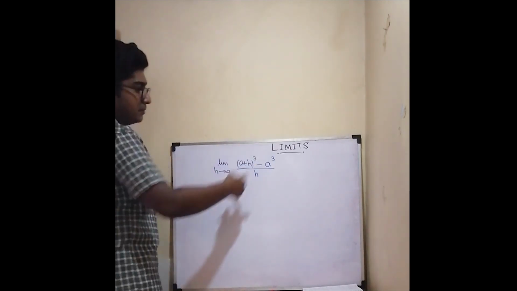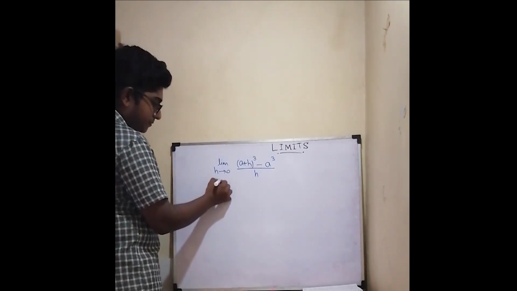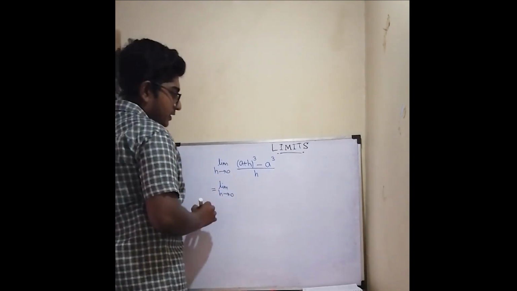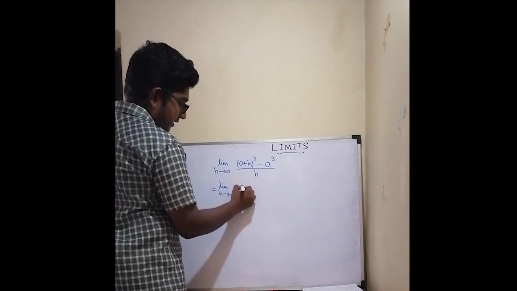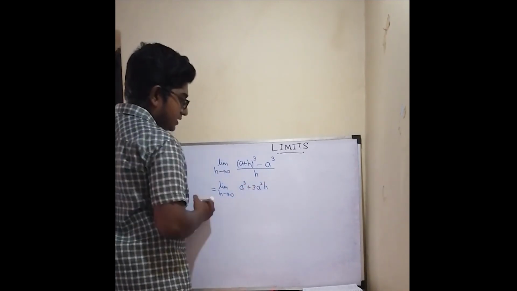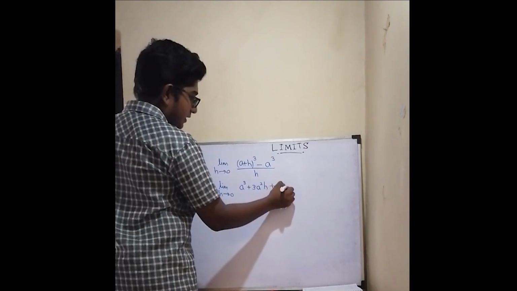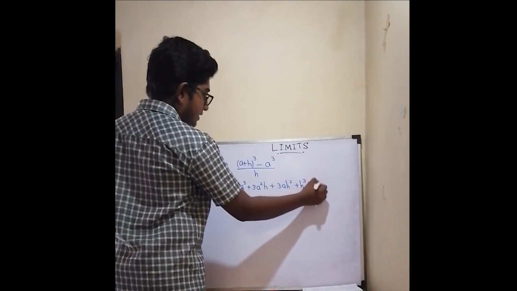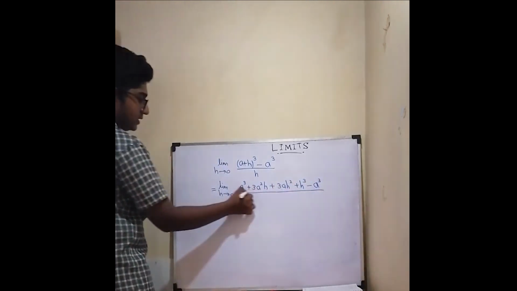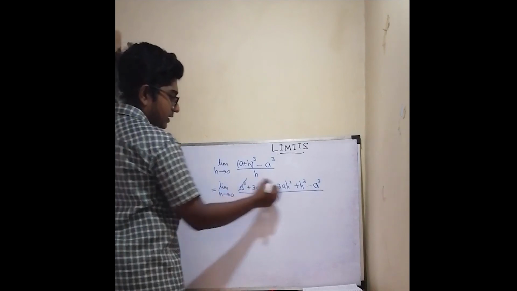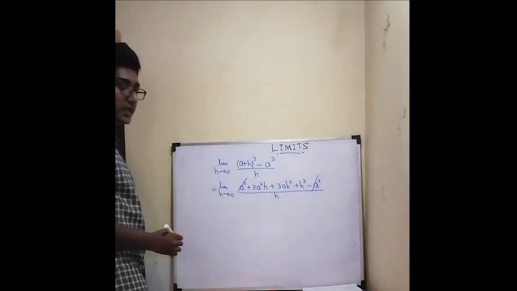Then I have to simplify this further. Expand. a cubed plus 3a squared h plus 3a h squared plus h cubed minus a cubed. This is the expansion of the cube. Then plus a cubed minus a cubed get cancelled.